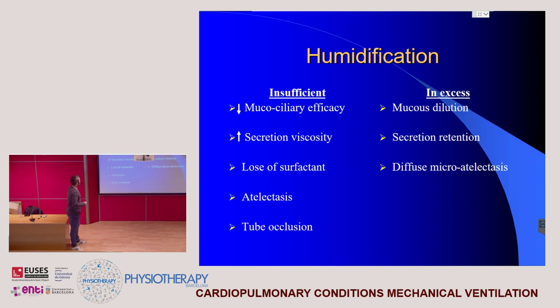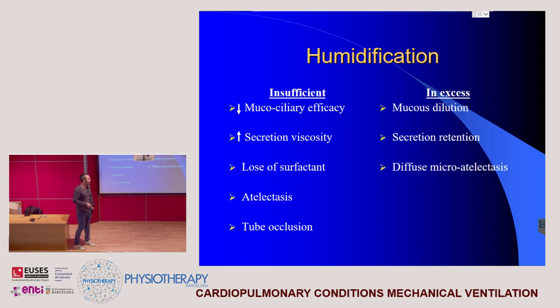Of course, with the increase of secretion viscosity, there could be some loss of surfactant, but that is not very important. Something common is atelectasis, or also tube occlusion, because if the secretion remains too viscous, it could block or obstruct an airway, or also the tube, because we will see right now that ventilated patients have a tube inside their airways.